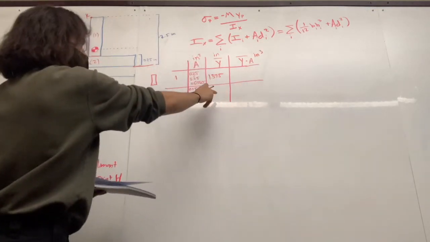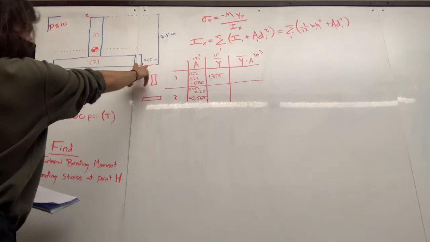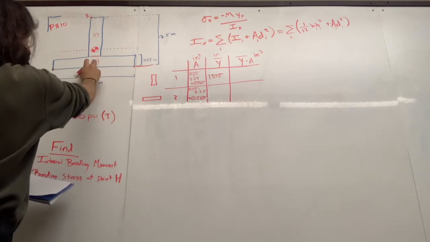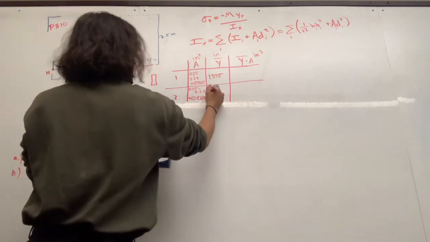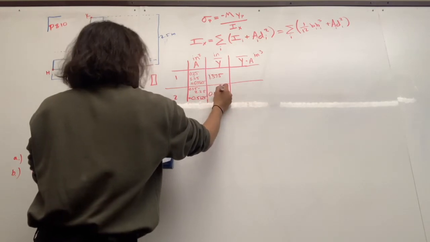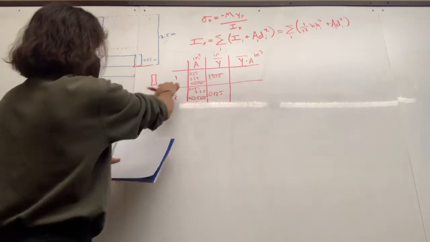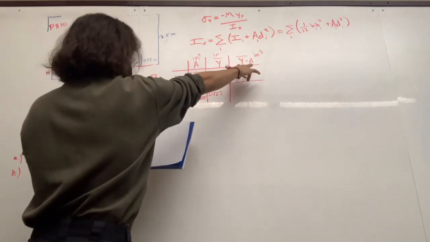So going back to the y bar for the long rectangle, it's just going to be half of your height in this case, because we know it acts right at the center. So it'd just be 0.25 divided by 2, which is 0.125 inches. So then for this rectangle 1, we just multiply these together to get this term.